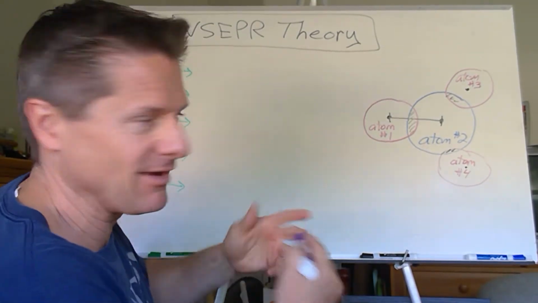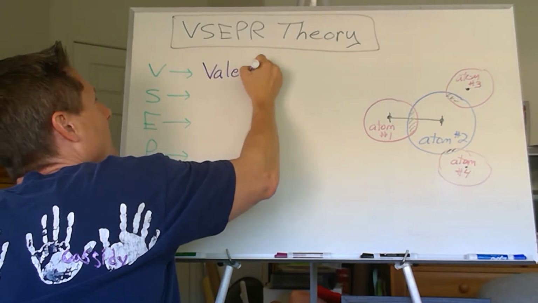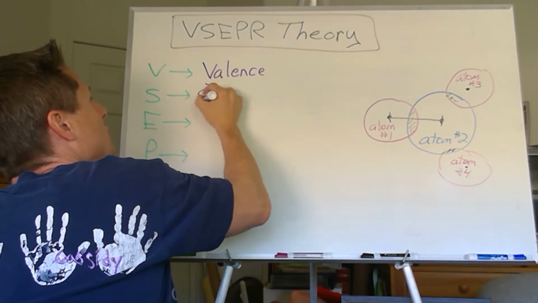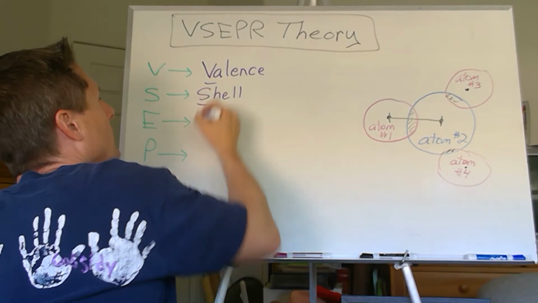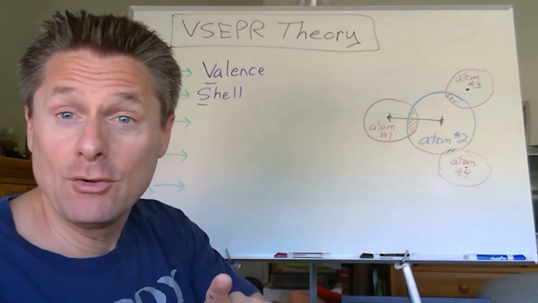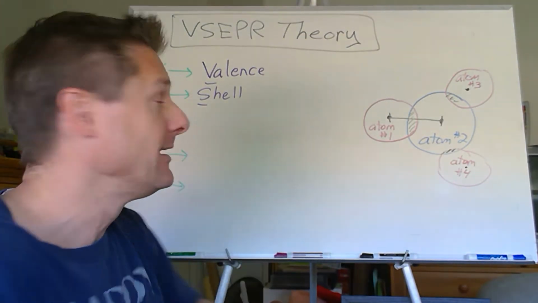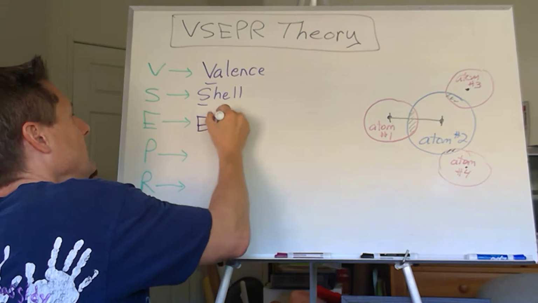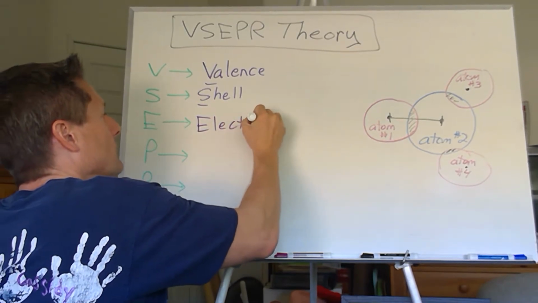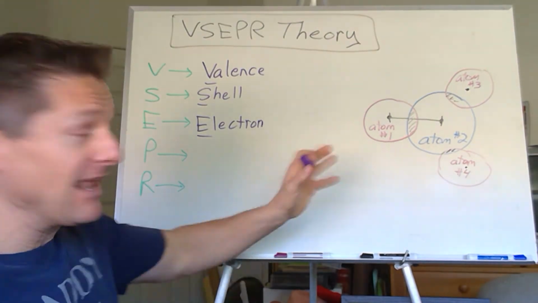Okay, you probably know this already. So this stands for valence shell. That's where the V and S come from. And what's overlapping? It's not the nuclei, it's not the protons and neutrons. They're not involved in these bonds. It's the electrons. Told you this was simple. Valence shell electrons.